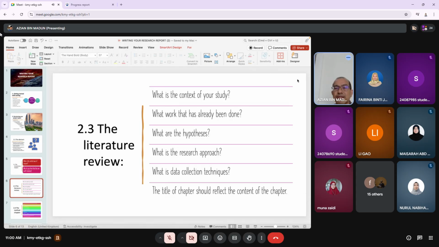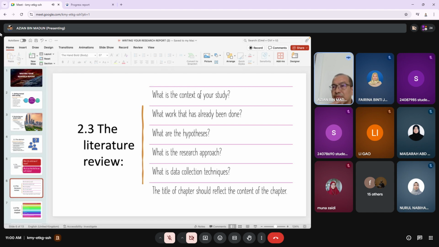What area? Context could be time frame, kan? Just now I said time frame could be masa lah. So it could be studying during or after the Second World War, after the First World War, depending on the context of your study lah. Context could also be in terms of theory, kan?